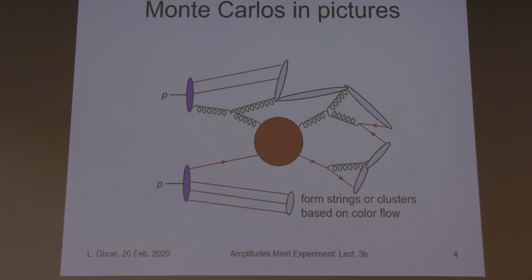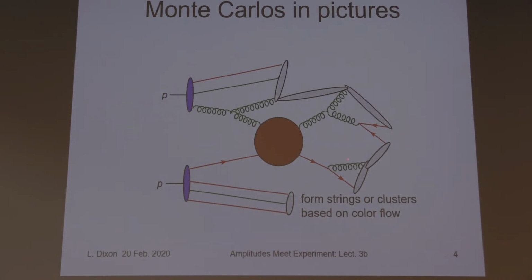And then when you have reached a q squared close to the hadronic scale of a few GeV squared, you assign colors to these. Well, you actually usually do all of this showering in a color ordered way in the large N approximation.